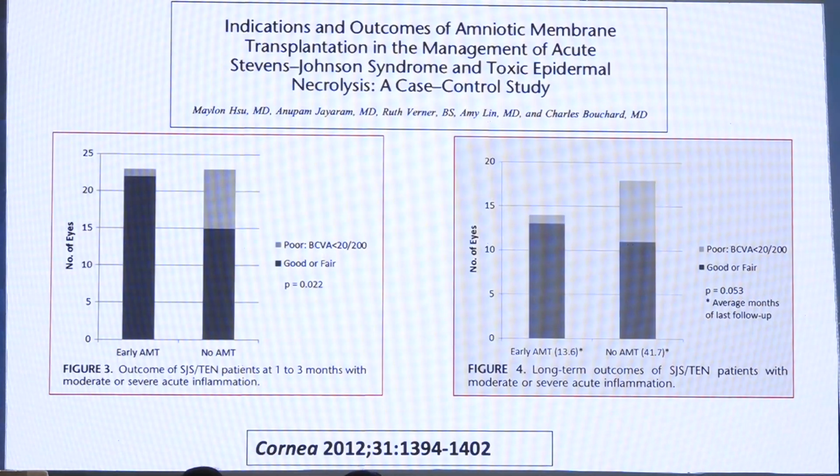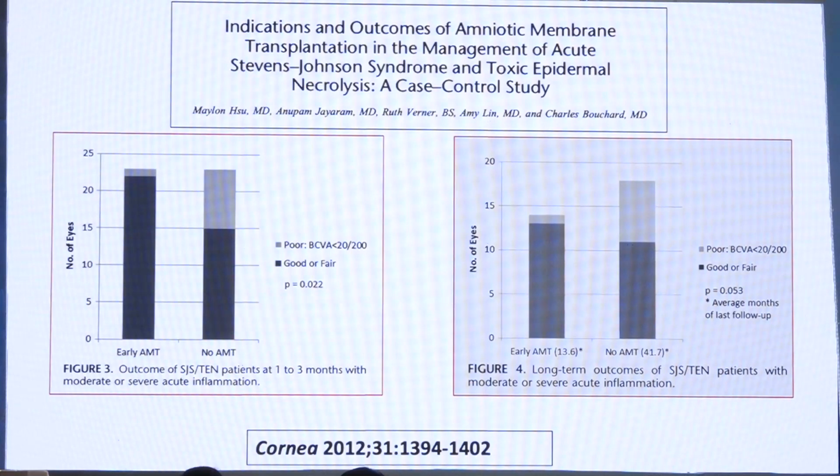It has been found that all the data showed that patients who didn't have AMT have poorer best corrected visual acuity, less than 20/200, even at 1 to 3 months post-operatively. And those who have AMT, even long term, the visual acuity outcomes are quite better in comparison to no AMT.